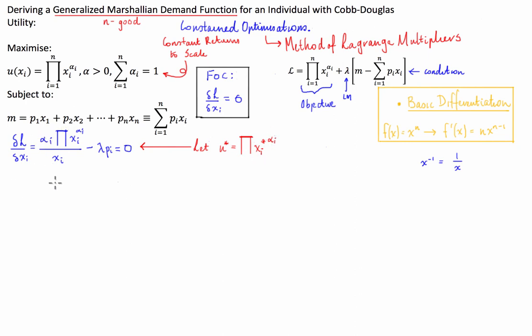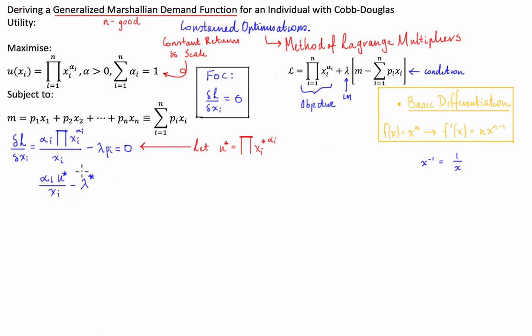So what we're going to have is just alpha I U star divided by xi minus, now our Lagrangian multiplier, because we've got an optimal utility, this is going to be whatever our optimal Lagrange multiplier is. This is a generalization, so we just have to say it's going to be an optimal Lagrange multiplier.